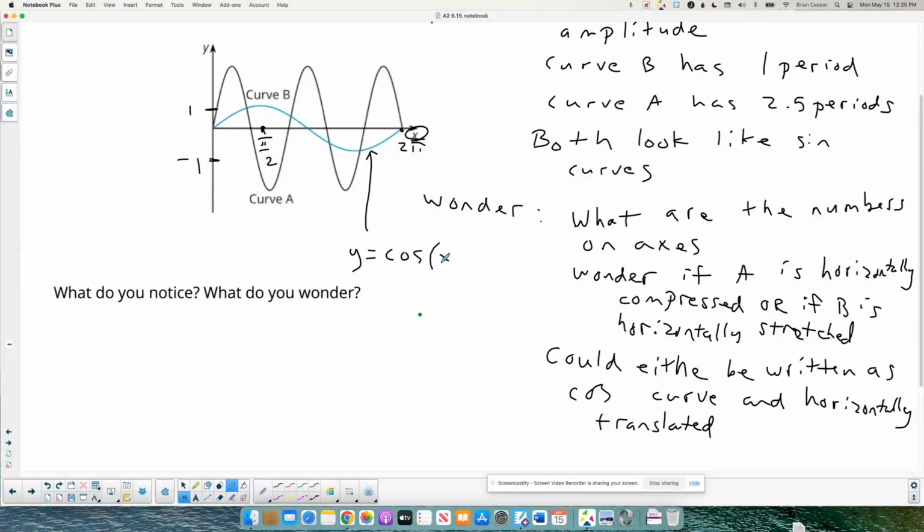So x minus pi over 2. That would actually be the same as y equals sine of x. Those would be the same exact graph. So I wonder if I could write it with a cosine. Lots of stuff there that we could talk about. Good discussions being opened up on that warm-up.